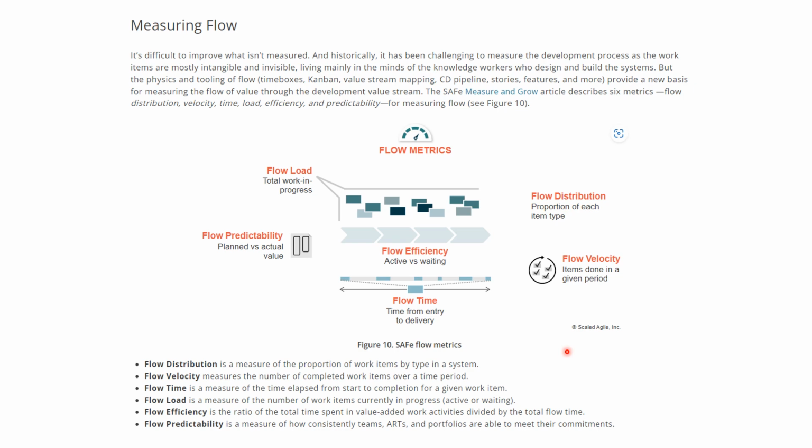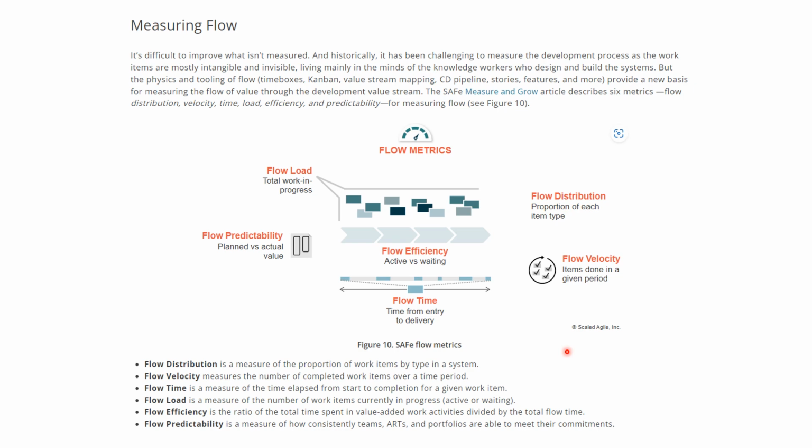The fifth metric is flow efficiency. It is the ratio of total time spent in value added work activities divided by the total flow time. So you want to understand what percentage of time your team is working on value added work. A very, very important metric, right? The final metric is flow predictability.